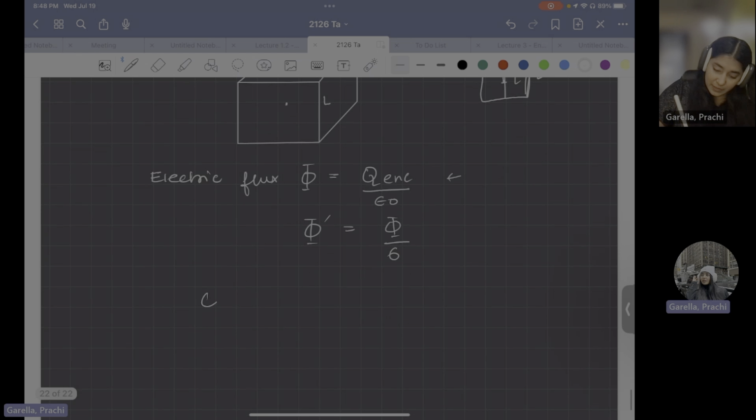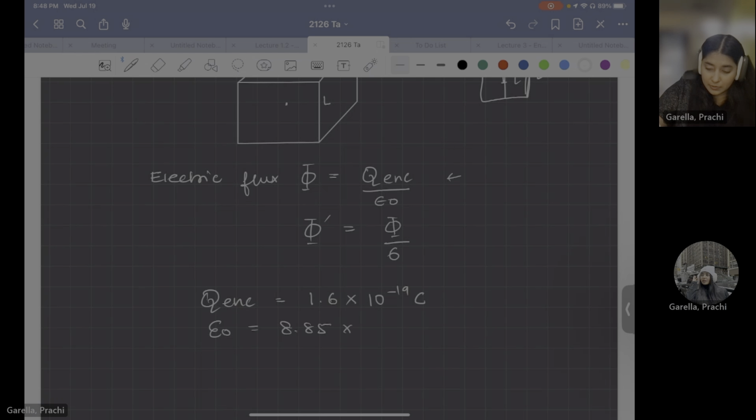So first we have to find Q enclosed, which is just the charge enclosed. So what's the charge? It's just one electron. So the charge of one electron is 1.6 times 10 to the power minus 19 coulomb. And we have epsilon naught to be 8.85 times 10 to the power minus 12 coulomb squared per newton meter squared.